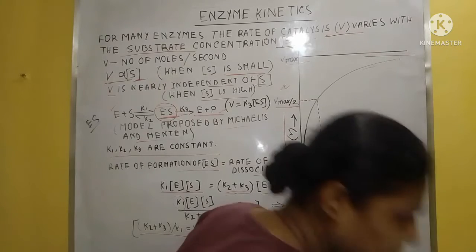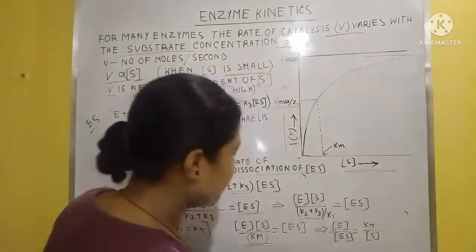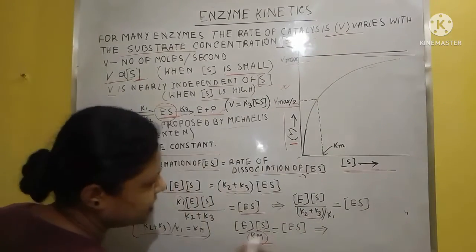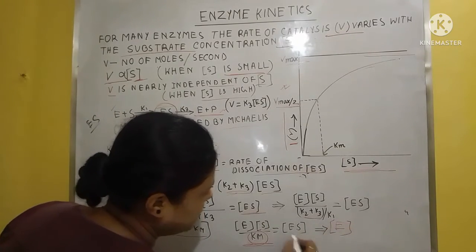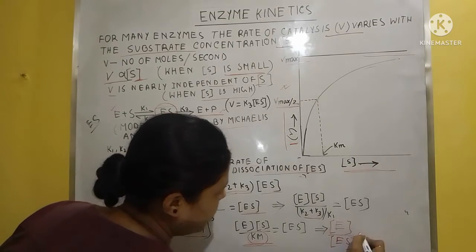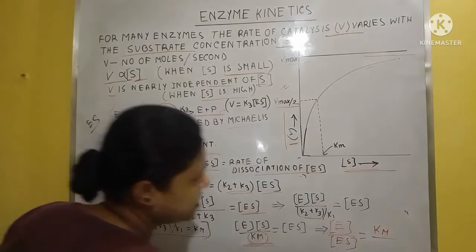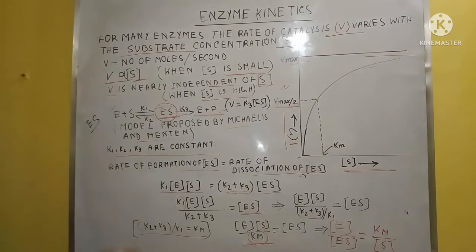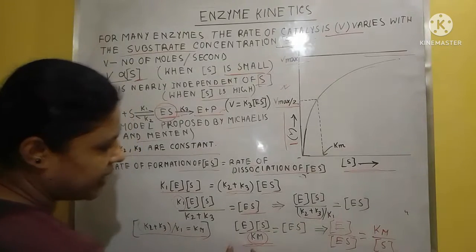That means E and ES transform to there, and you see it again. Okay, one second. I'll just write here now: E, I'll transform ES, and now Km, write down here, and S. I just changed the K side to there and ES to here.